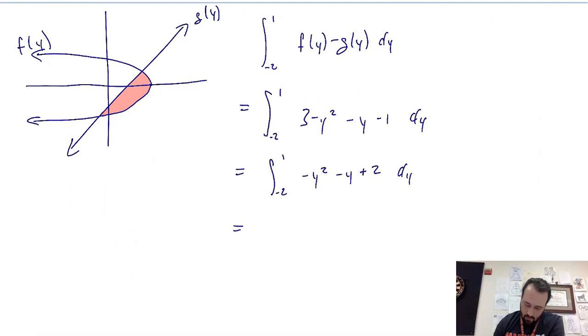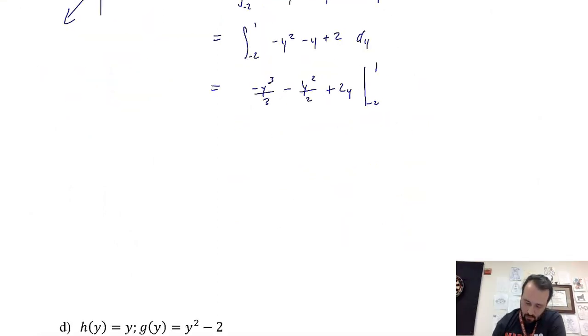So I have negative y cubed over 3 minus y squared over 2 plus 2y from negative 2 to 1, which means I put in 1 first, so negative 1/3 minus 1/2 plus 2 minus, put in negative 2, it's positive 8/3 minus 2 minus 4, and that would be enough for a free response answer.